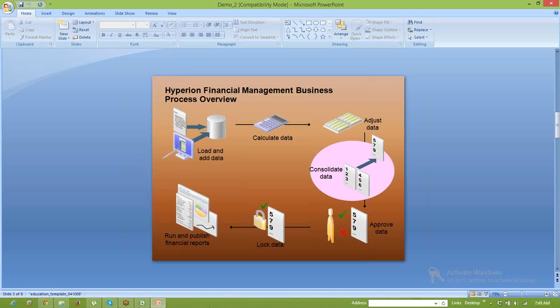So HFM can survive without Essbase, but planning cannot. HFM can be connected to a different BI tool, for example, Cognos. Planning is the application, but the database is Essbase. Here, HFM is the application, but the database is an RDBMS, Oracle, SQL, whatever they have.